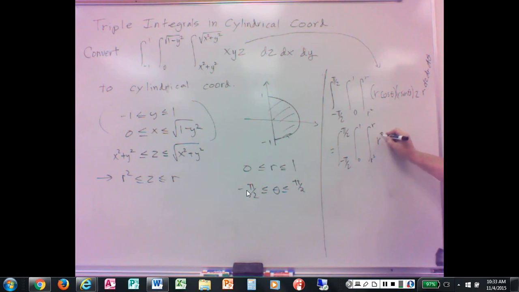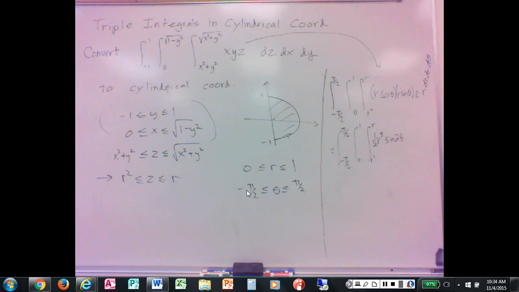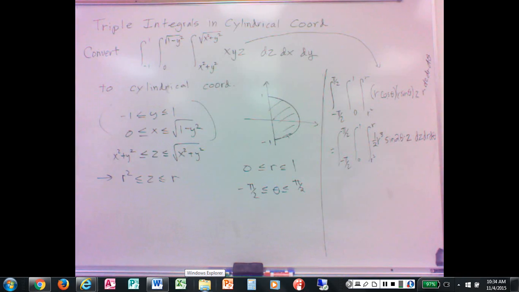So we've got r cubed times a half sine of 2 theta, if we do our cosine theta times sine theta is a half sine 2 theta thing, times z dz dr d theta. Okay? You would be able to pull out the constant 1/2 from everything. Oh yeah, you could bring it out.